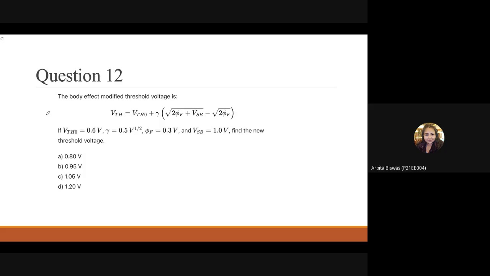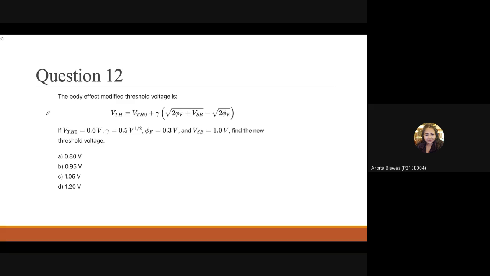This is question number 12. The body effect modified threshold voltage equation is given here. If VTH0 is 0.6, gamma is given, phi F is given, and VSB is given, then find the new threshold voltage.